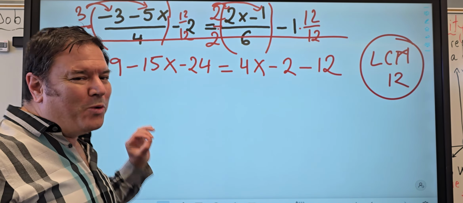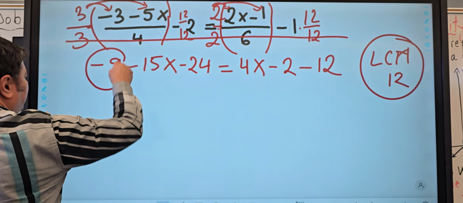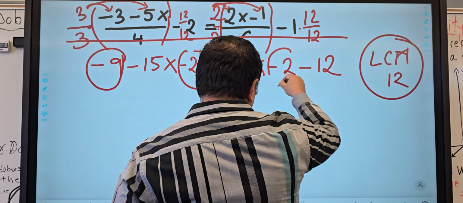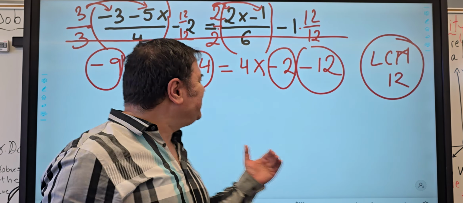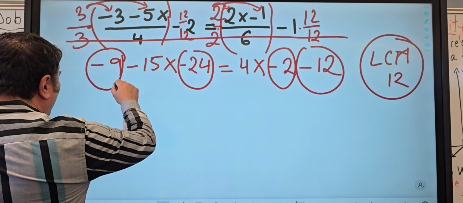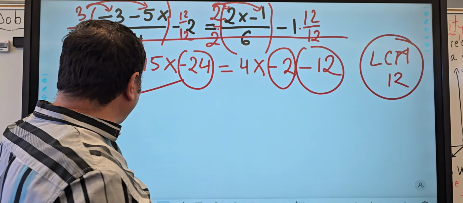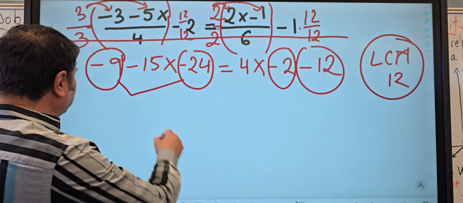Our equation already becomes simpler. But again, we need to combine the like terms. So we need to combine -9 and -24, and -2 and -12. If you combine -9 and -24, if this would be a 10, it would be 34, but because it's a 9, it is actually -33.